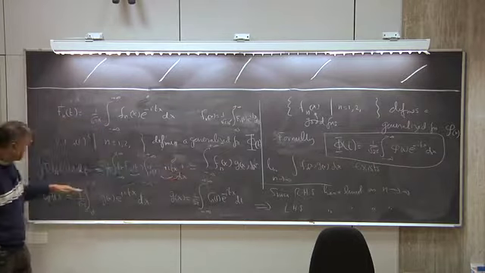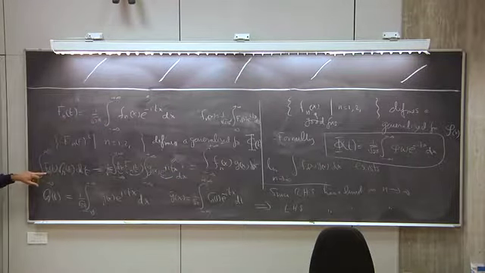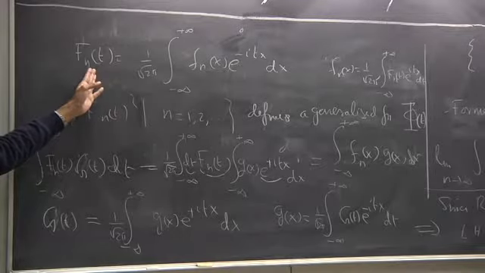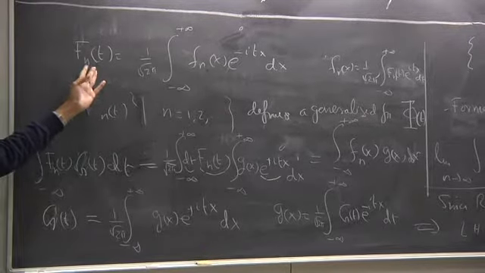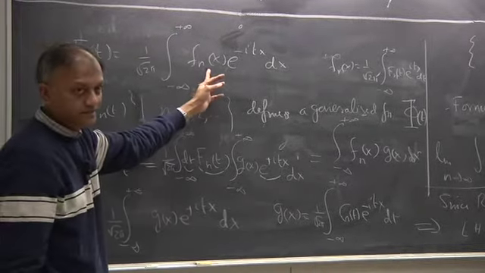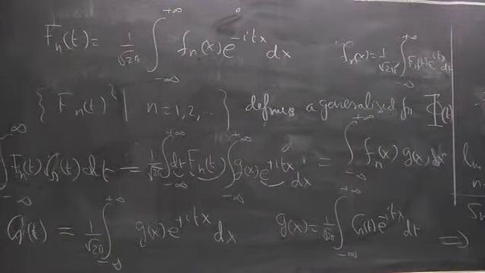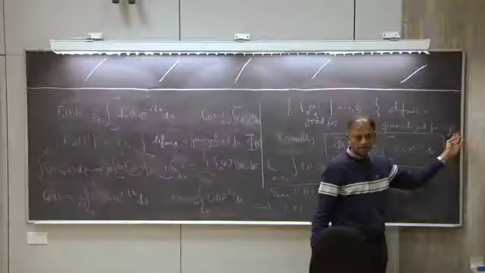You take the inverse Fourier transform of Fn, that gives you little fn anyway, because the capital Fn's are good functions anyway. So if you take the inverse Fourier transform, you will get back that. And those little fn's, of course, define the generalized function phi(x).